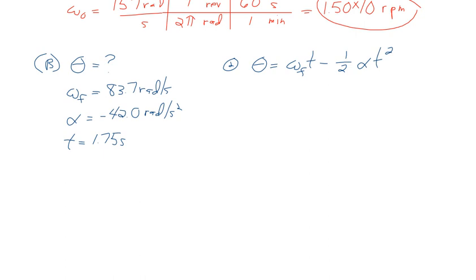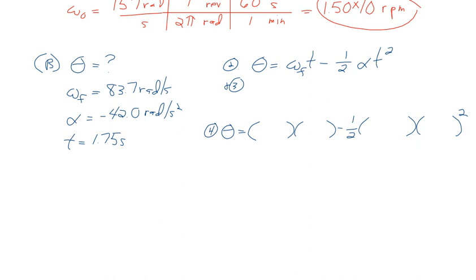So that's your step 2, and it's also your step 3 because there's no algebra to do. The unknown is already by itself. So I just have to plug in the numbers. So in step 4, theta equals omega f t minus 1/2 alpha t squared. If you set it up like that, it's always good to set up like that. Then I'm just going to put in the numbers.